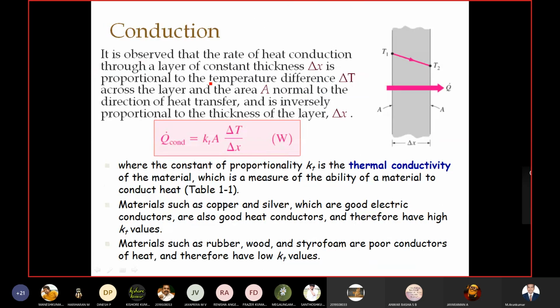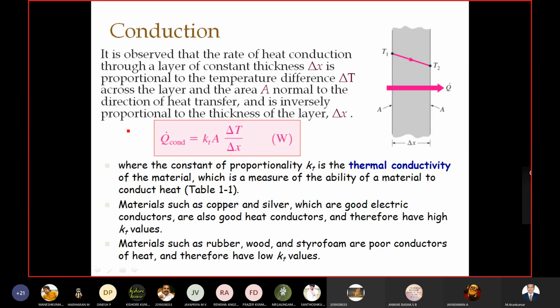Now the formula of heat conduction. It is observed that the rate of heat conduction through a layer of constant thickness is proportional to the temperature difference across the layer and the area normal to the direction of heat transfer, and is inversely proportional to the thickness of the layer.